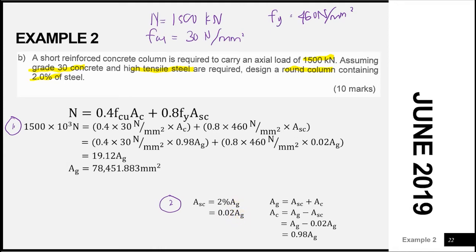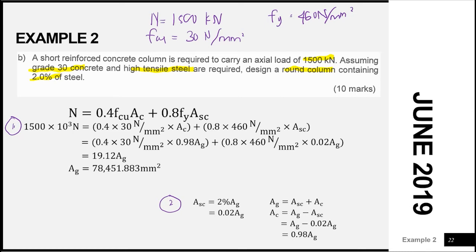Okay. And then we know that dalam column tu maksudnya gross area of column ada area of steel dan ada area of concrete. So, kita nak dapatkan area of concrete, gross area of column ni sama juga macam example number 1. Kita tolakkan dengan area of steel. Area of steel ni kita pakai lagi dalam bentuk AG ni lah, dalam bentuk gross area of column. Okay, tapi AG yang you nampak kat depan ni, okay, betul tak kalau saya cakap area of column tu adalah 100% lah.